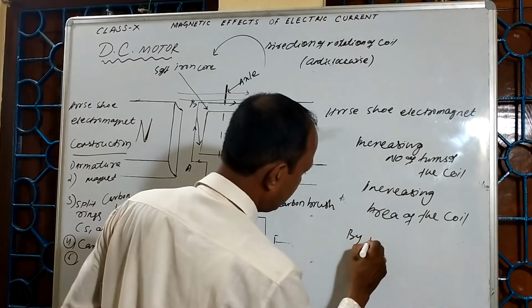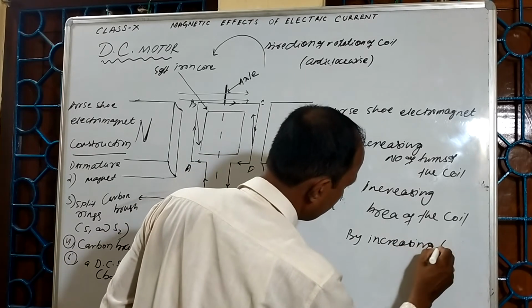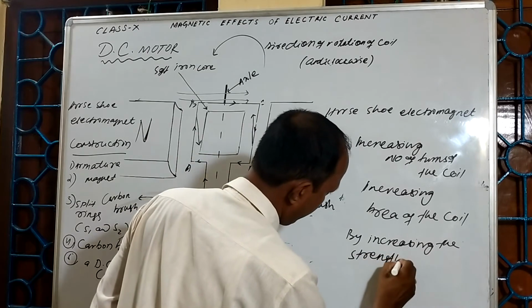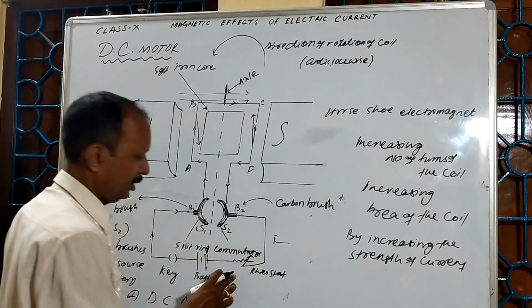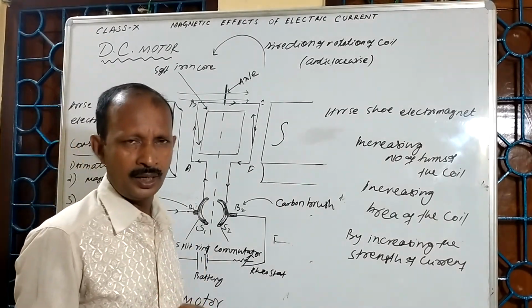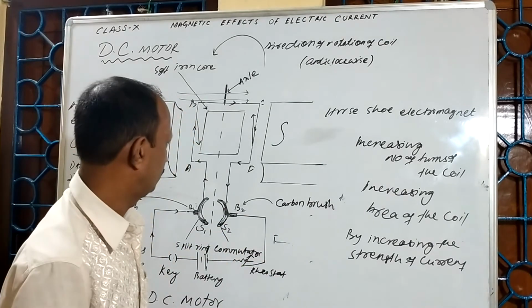By increasing the strength of current. That's why here a rheostat is there. With the adjustment of the rheostat, we can vary the amount of current.